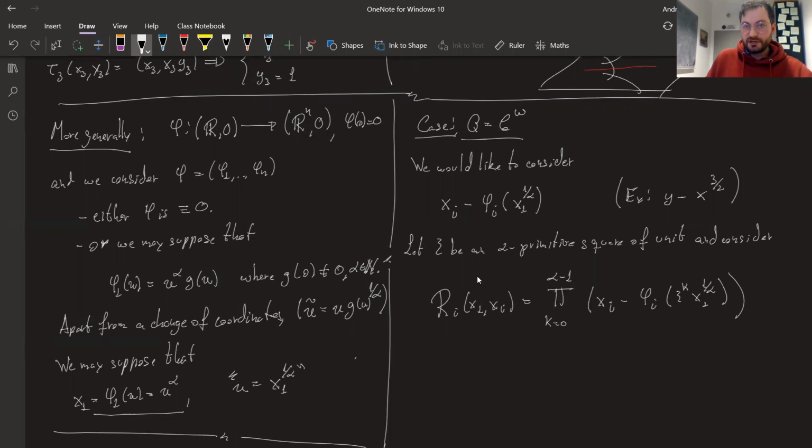So what we're doing is averaging by a generator of the cyclic group of the alpha-th roots of the unit.